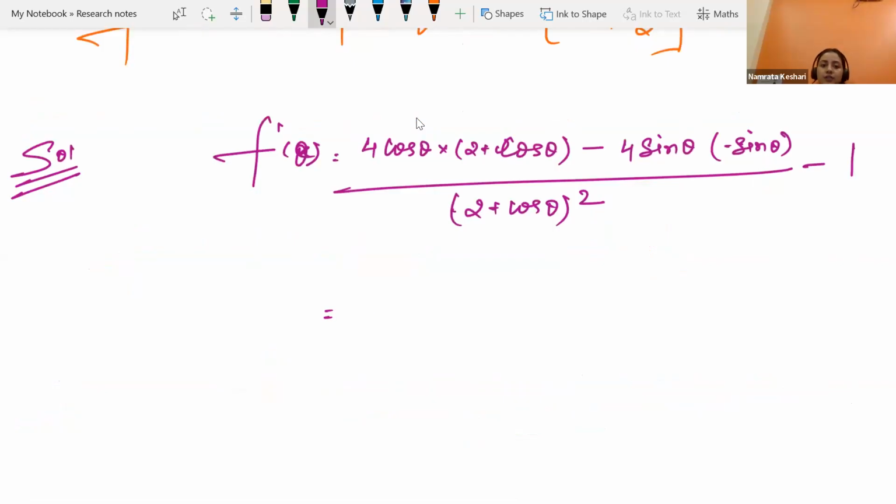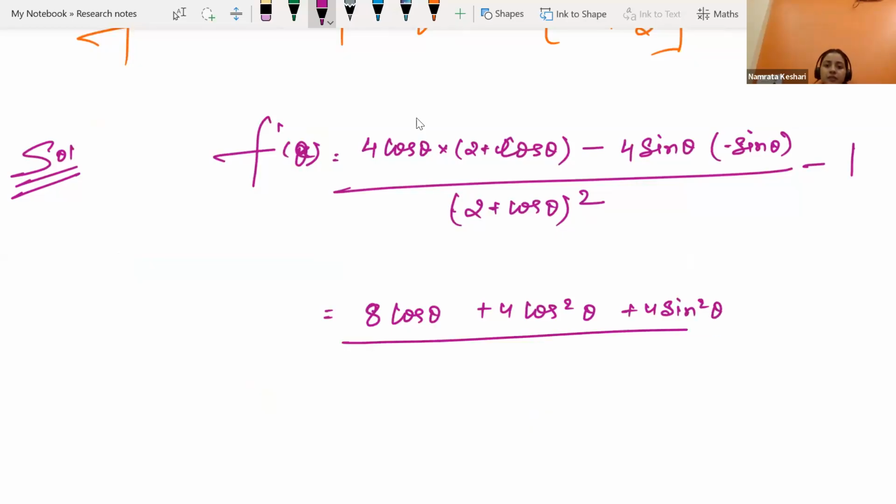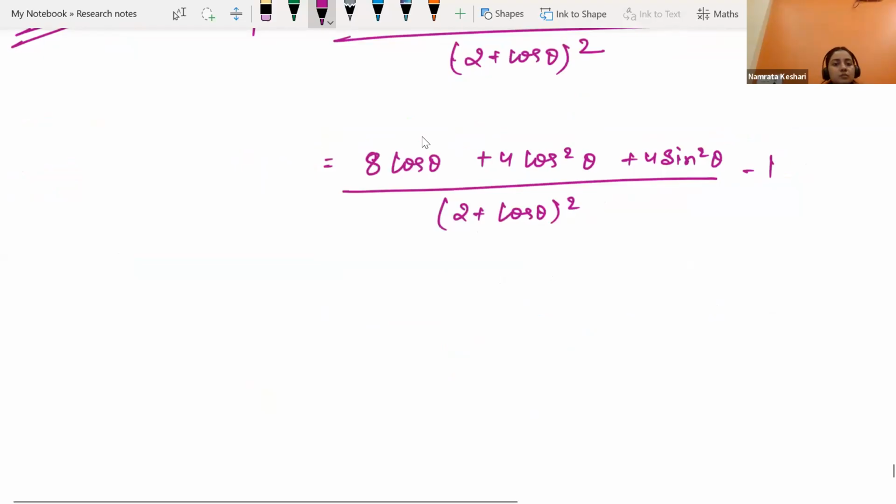Let's try simplifying it. We'll be having 8 cos theta plus 4 cos square theta. Is it so? Plus 4 sin square theta, right? Fatima? Yes. Over 2 plus cos theta whole square, minus 1. Let's simplify it more. Can you tell me what we'll be having?